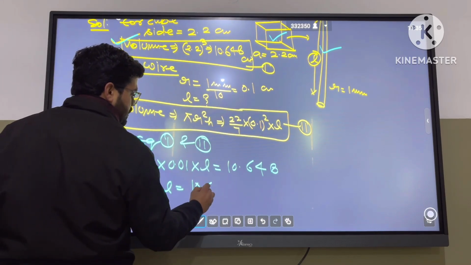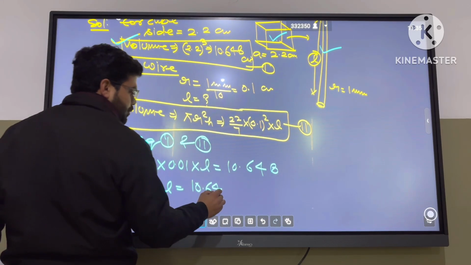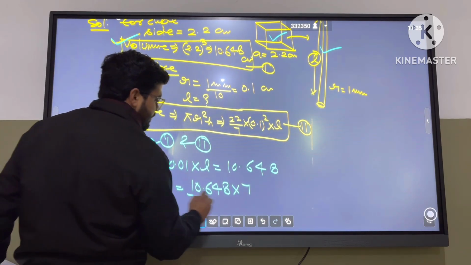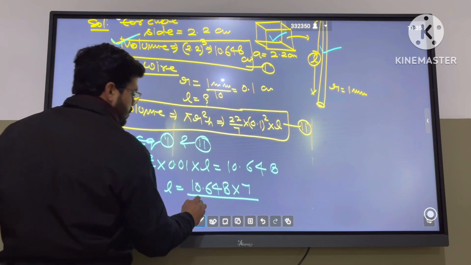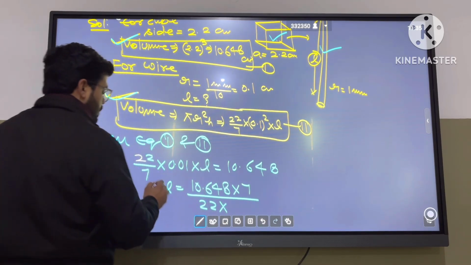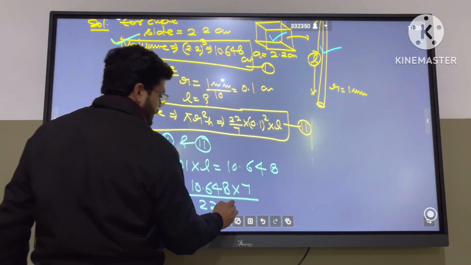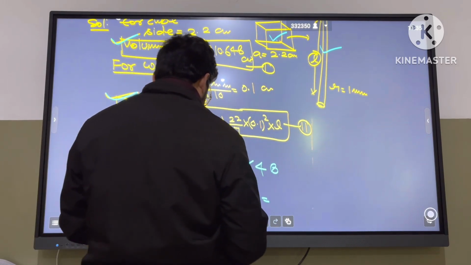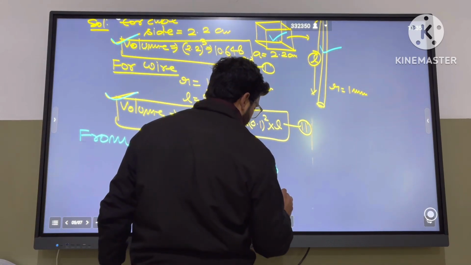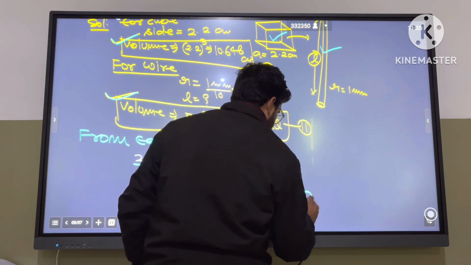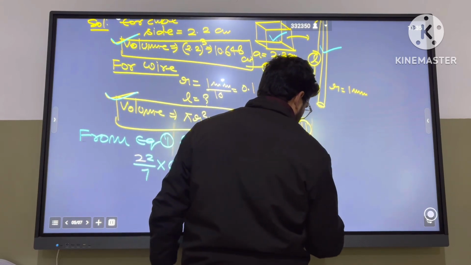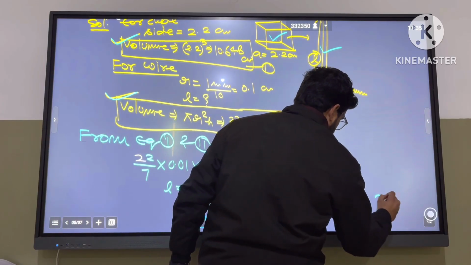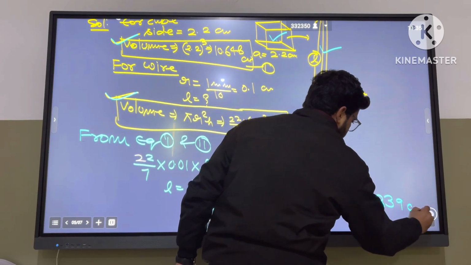10.648 into 7, 7 to multiply 11, divided by 22 into 0.01. बेटा जब इसको हम सोल्व करते हैं तो फाइनल आंसर आपके पास मिलता है 338.7 सेंटीमीटर अप्रोक्स, 339 centimeter.